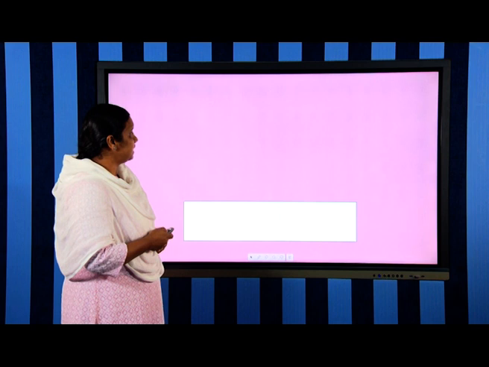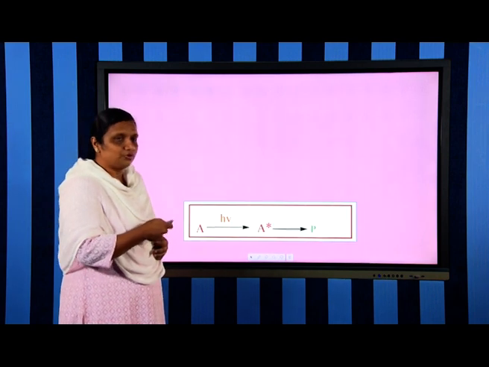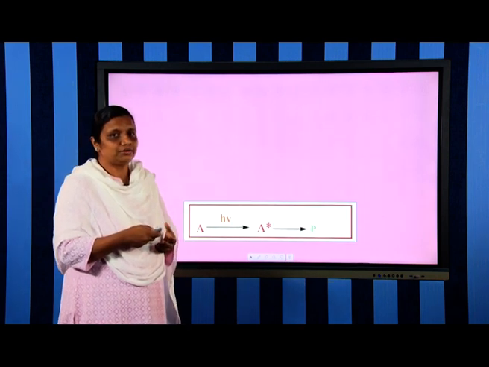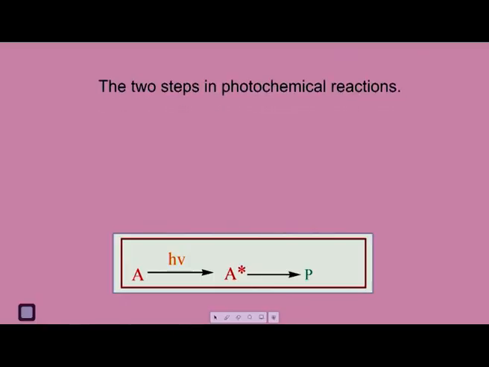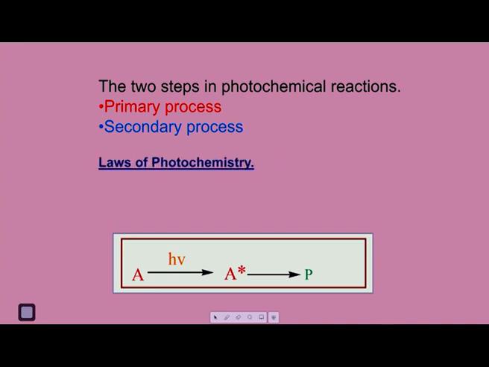Now, to understand quantum yield, we need to know what a photochemical reaction is. We know already that we have the primary process and the secondary process. In the primary process, the molecule gets excited, and in the secondary process, the excited molecule gets converted to the product. Now, this photochemical reaction is governed by two laws of photochemistry.